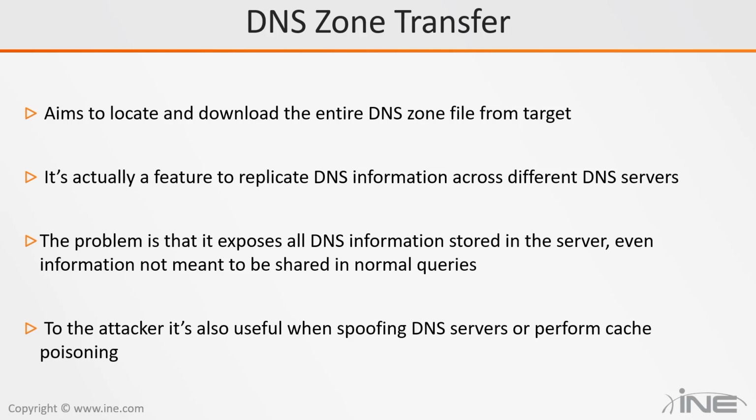So DNS zone transfer might prove very valuable. Again, in many cases it's not possible because people are very aware that they need to protect their servers against zone transfer from unknown sources.